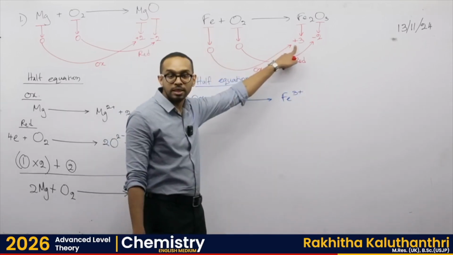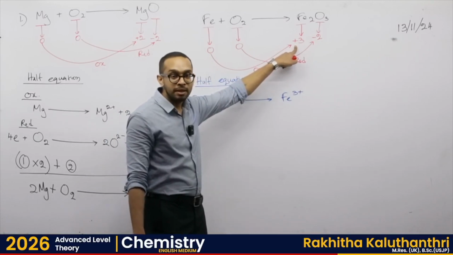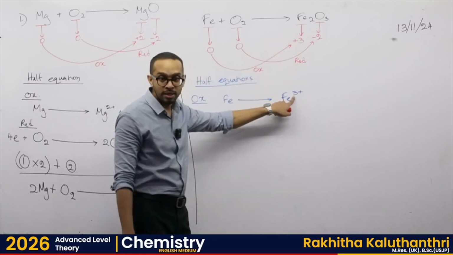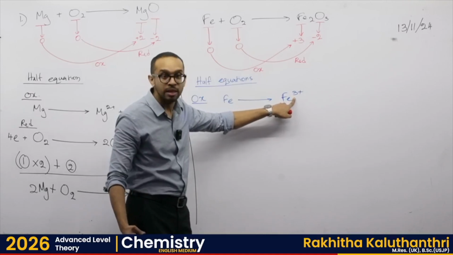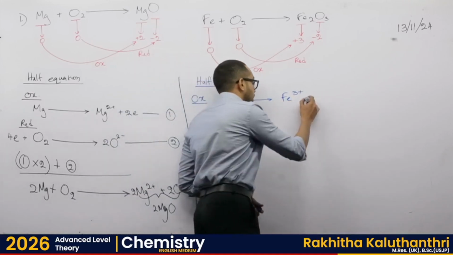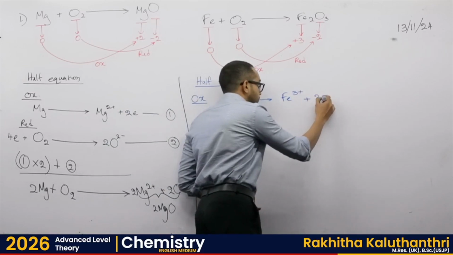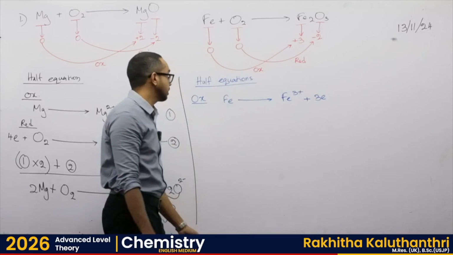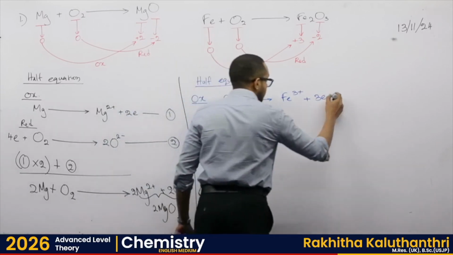Because of the +3 oxidation state. Fe is at +3 oxidation state, so what is the charge on Fe then? 3 plus. This is an ionic compound. And then 3 electrons are removed. That's why it forms 3 plus. So we'll call this reaction number 1.